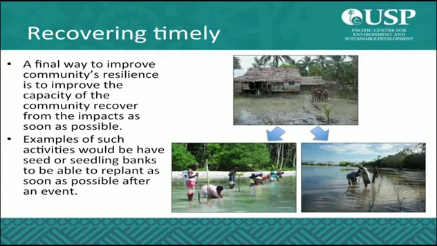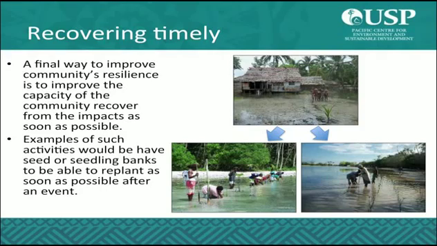Resilience also corresponds to the timely recovery of community after an impact. So another way to improve the resilience is to improve the capacity of the community to recover from the impact as soon as possible. So that means that the community needs to be prepared to react as soon as something happens.